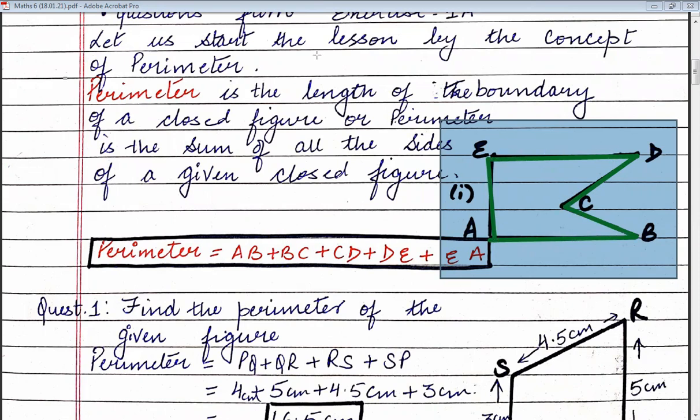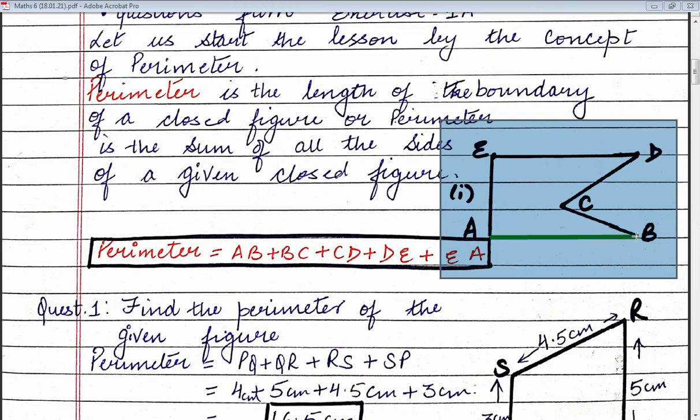So in simple language, we can say that your perimeter is the sum of all the sides of a given figure. I repeat, what is a perimeter? Perimeter is the length of the outer boundary. So you can say that the sum of the sides of a given figure.